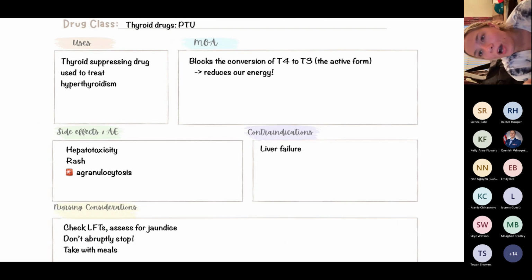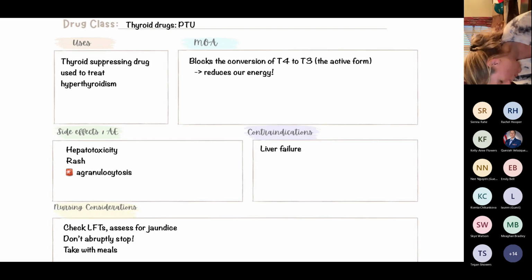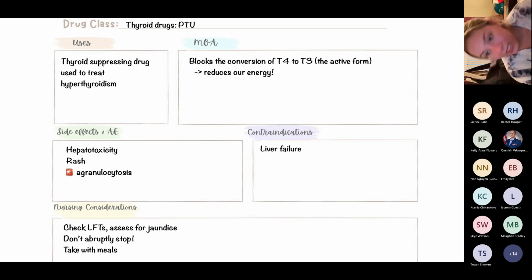Up next, we have our PTUs. These are used for hyperthyroidism. So if my patient has too much T3 and T4, which remember are our energy hormones, has signs and symptoms of hyperthyroidism, has been diagnosed, and we looked at their labs, and they're having massive tachycardia, heat intolerance, weight loss, they're probably going to be put on PTU.